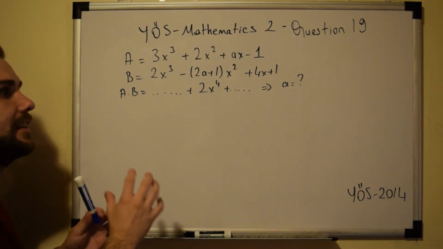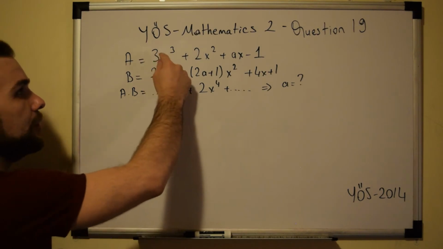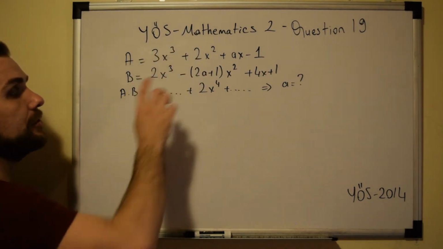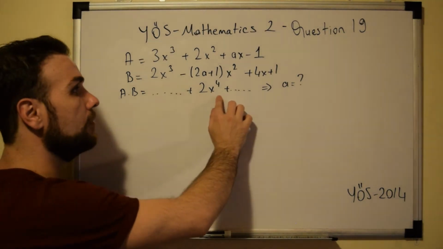So which variable of A, when it multiplies another variable of B, will give me x to the power of 4?